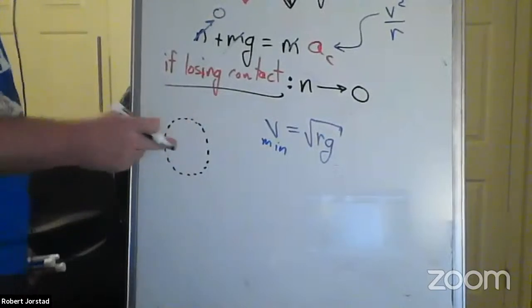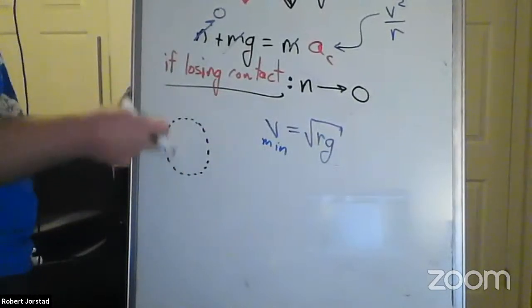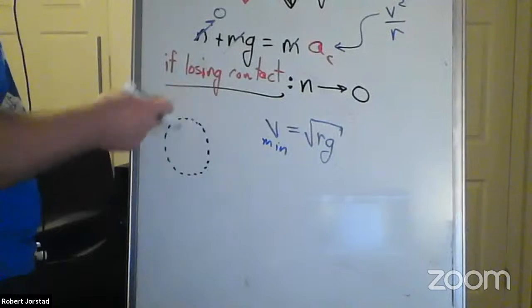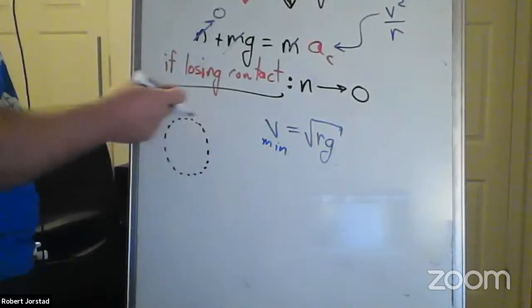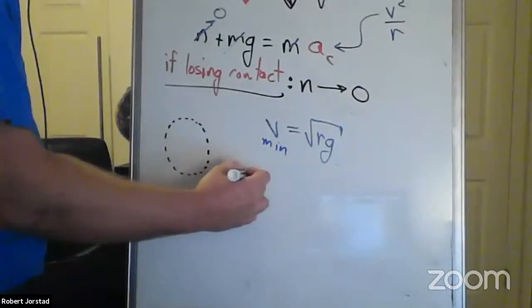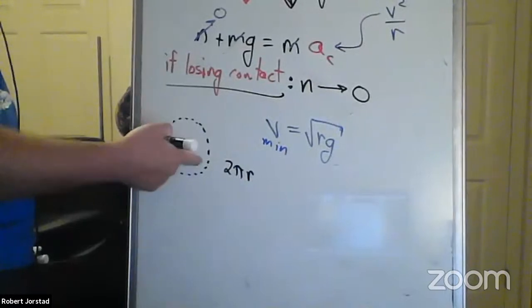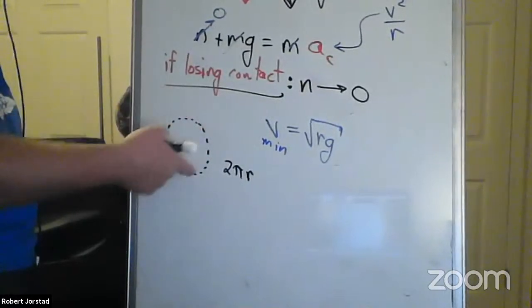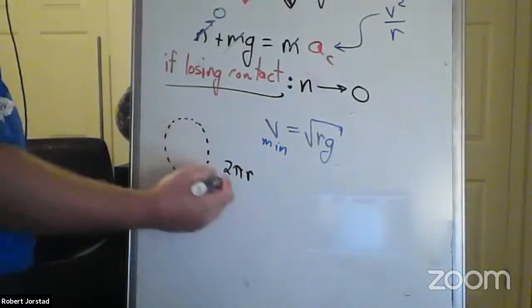We could do that because the speed is constant. What's the distance around a circle, any circle? 2 pi r. Pi r squared is the area, 2 pi r is the distance. What's the name for time around one cycle? A period.